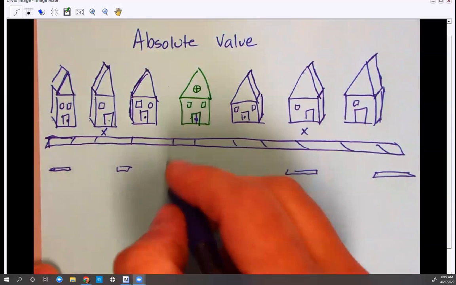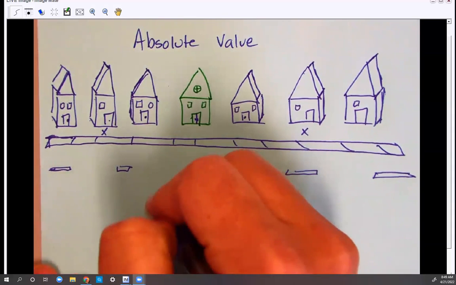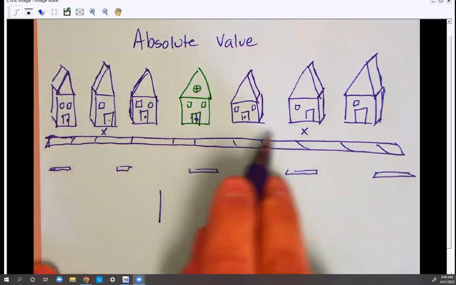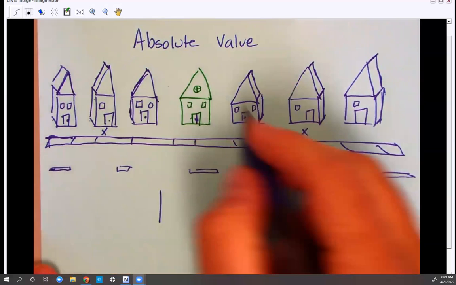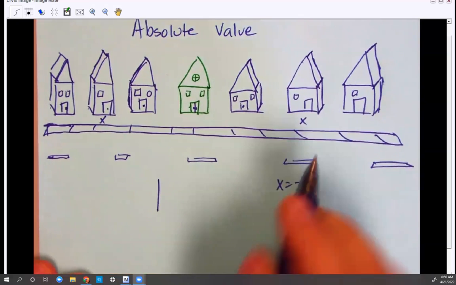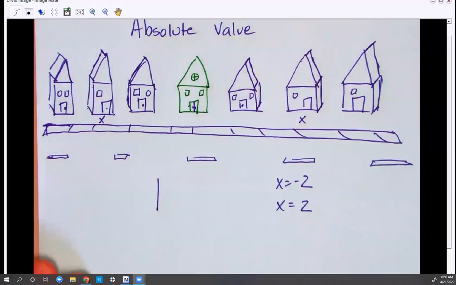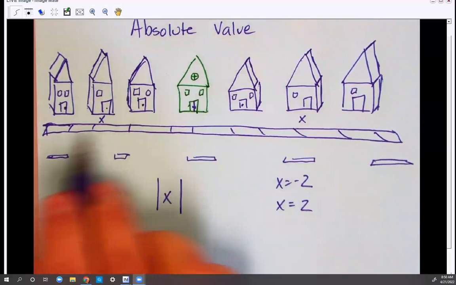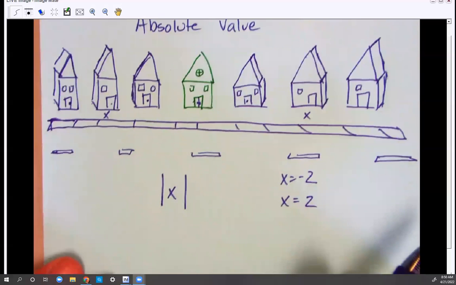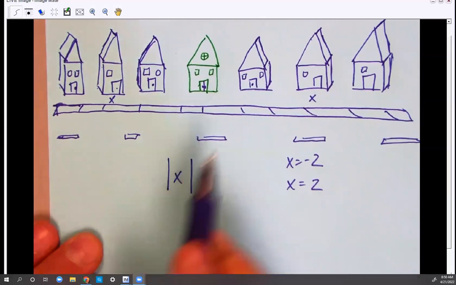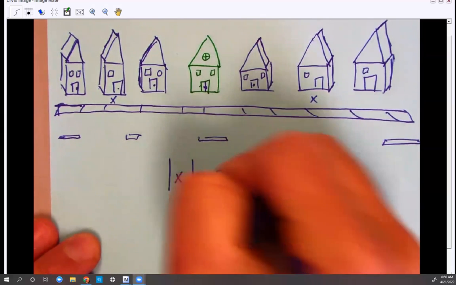That's absolute value. And the way that we write that is we could say you're 2 houses to the left, you're 2 houses to the right on a number line. That's to the left. That's to the right. You want to say what we said verbally, I'm 2 houses away, and you say the absolute value of X is equal to 2.